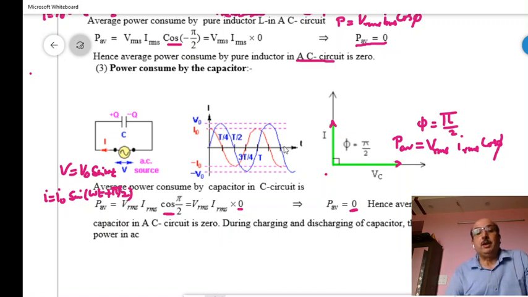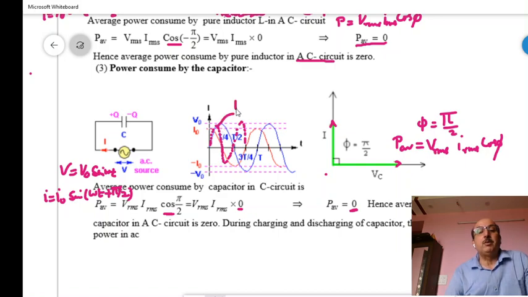So we may again consider the time graph. We will have the current as red, voltage as blue graph, and power, which we will get, will again have positive and negative lobes regularly.